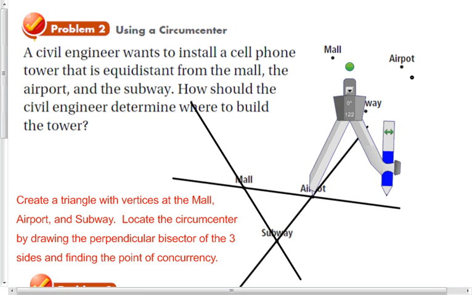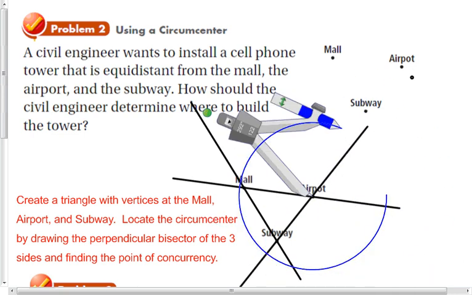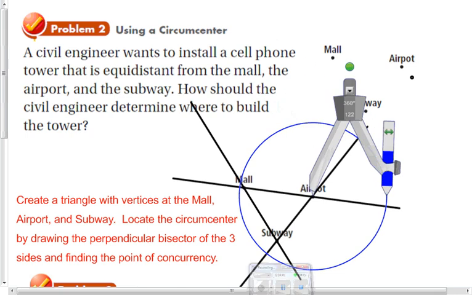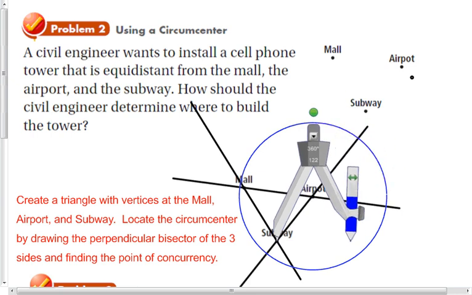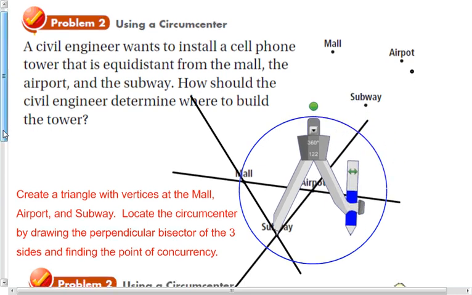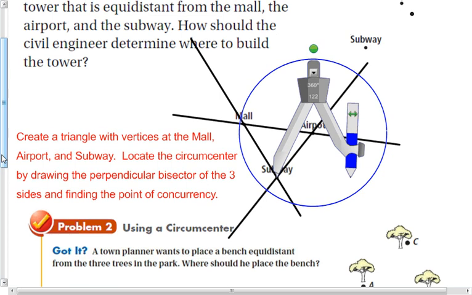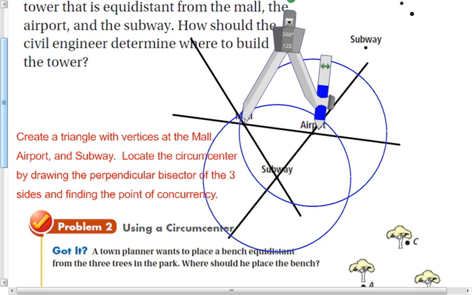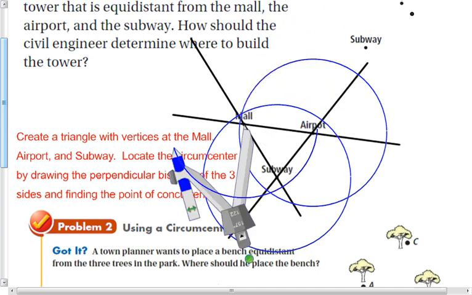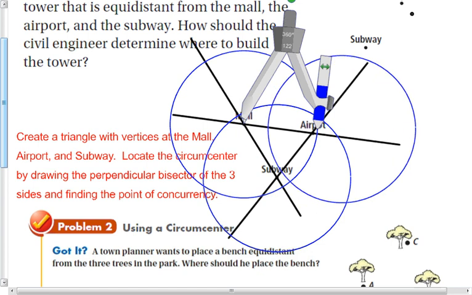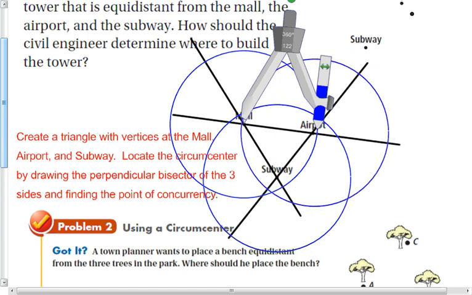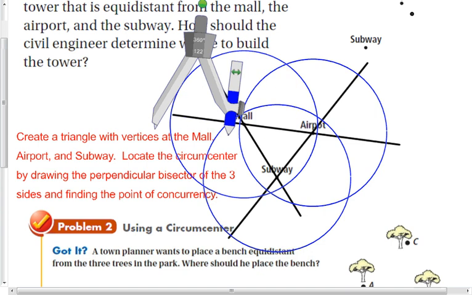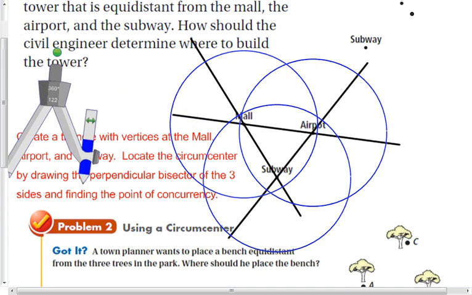And if you remember how to do that, I'm actually just going to draw a circle around these and you'll see where each of these intersect. By drawing the whole circle in, you'll see that it saves you a little bit of time. And then you can just draw a line for the perpendicular bisectors.